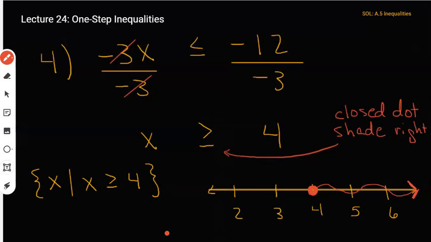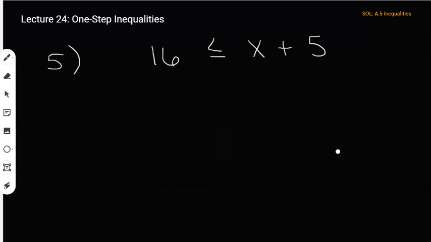Okay, the last one that we're going to do is number 5. I'm going to put it on the board, and I'm going to give you guys a minute to solve it. See if you can get it before I do. This is going to be number 5. Go ahead and try this one.